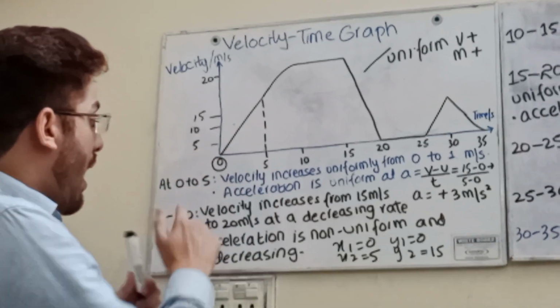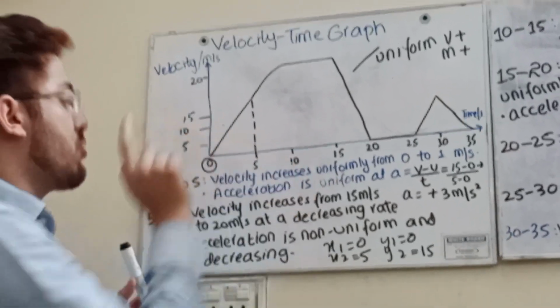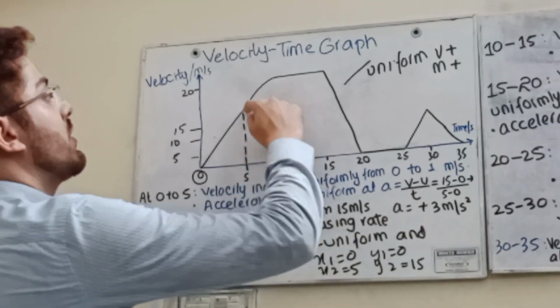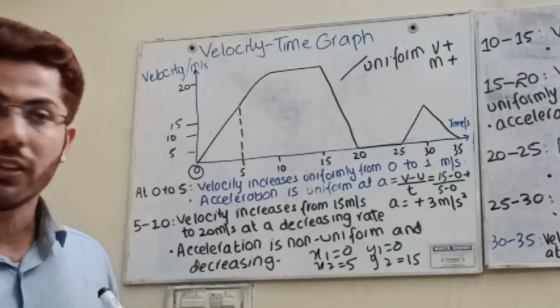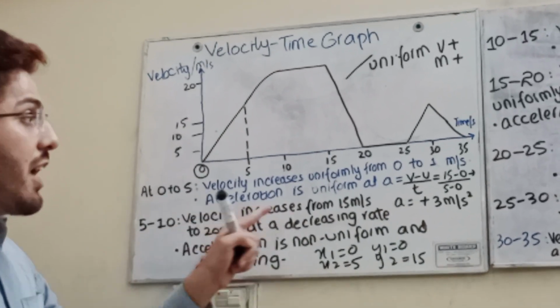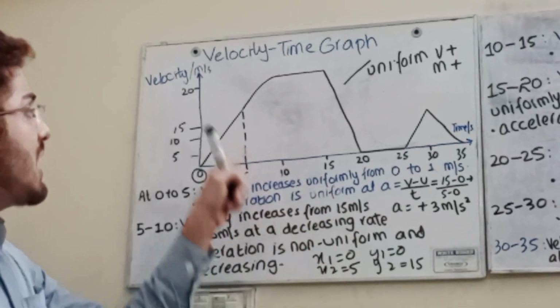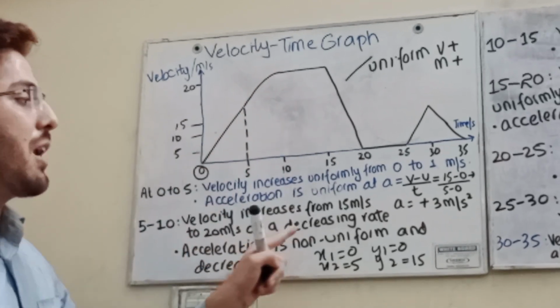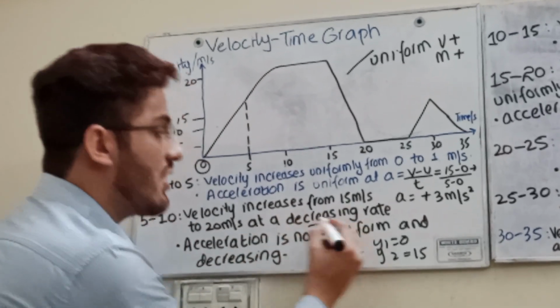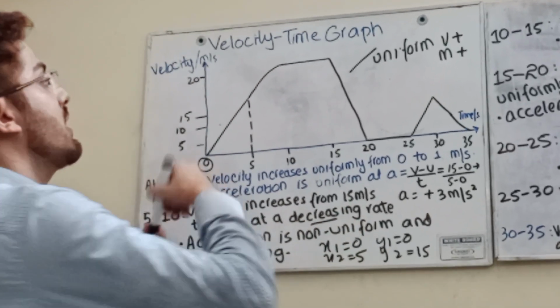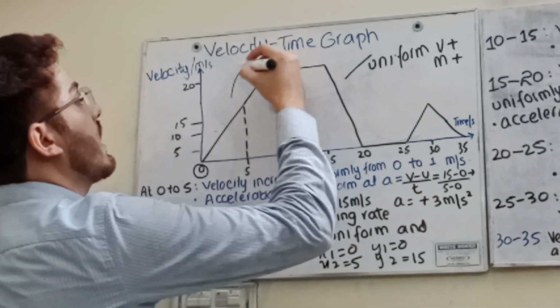Now what about from 5 to 10, student? Always remember, now this is basically a curve. This is basically velocity increasing from 15 meter per second to 20 meter per second at a decreasing rate. Always remember, student, at a decreasing rate.